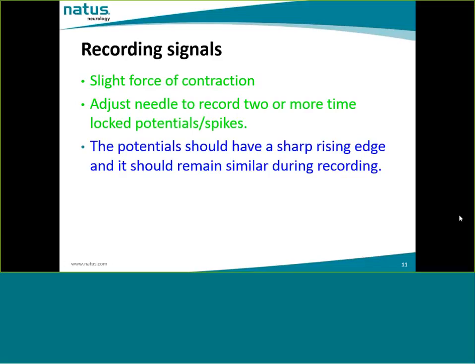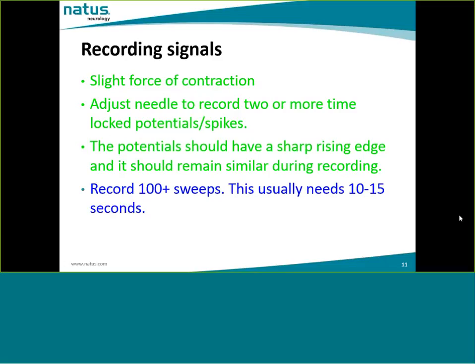We can also assess the sharpness of the rising edge through the so-called quality meter that is often used in EMG programs. And secondly, the rising edge should remain similar during recordings. In other words, the rise time of the potential shouldn't change from one discharge to the next. We like to record 100 or more sweeps.